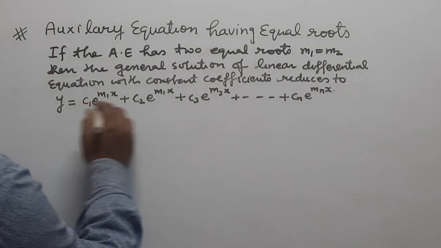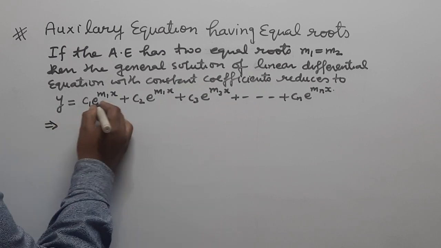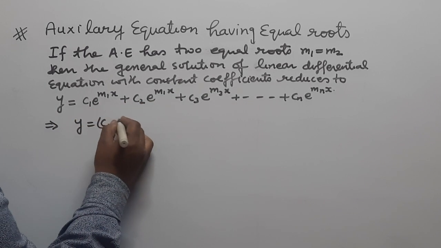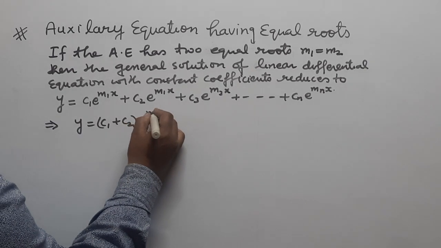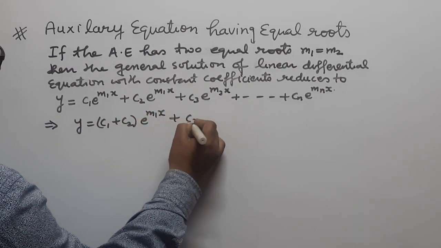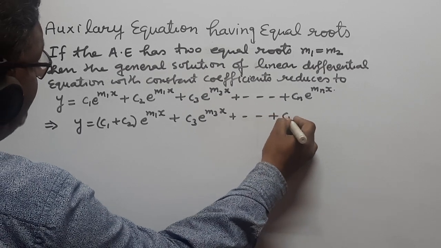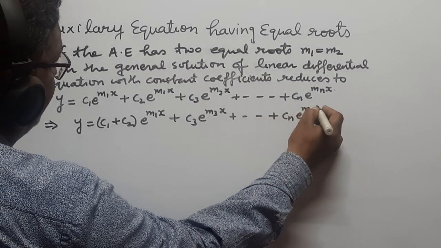Now we can see here this e to the power m1x is common, so this can be written as c1 plus c2 times e to the power m1x plus c3 times e to the power m3x and so on cn times e to the power mnx.